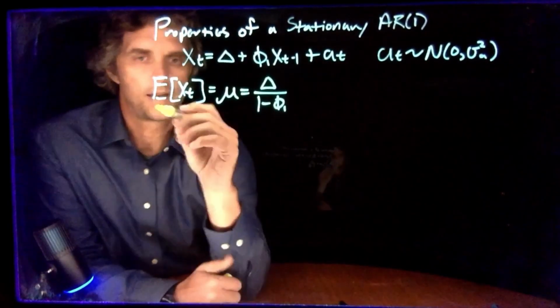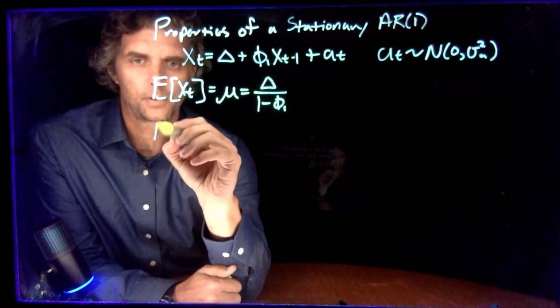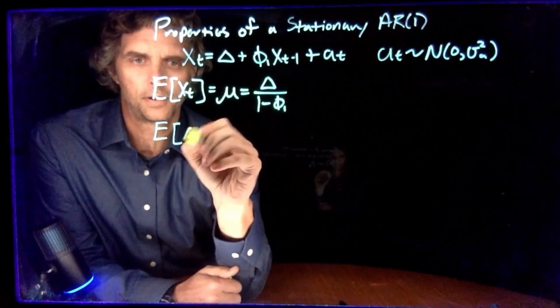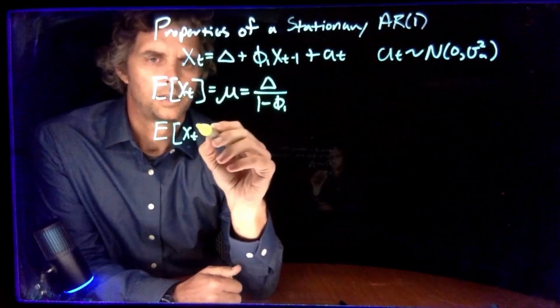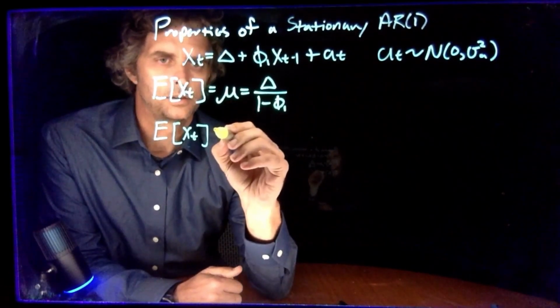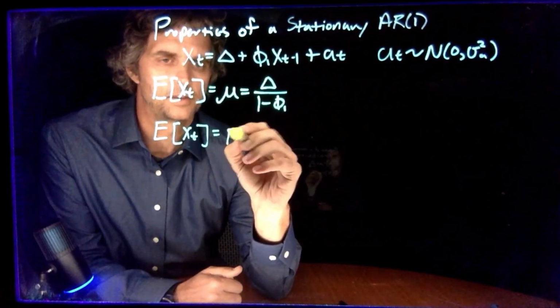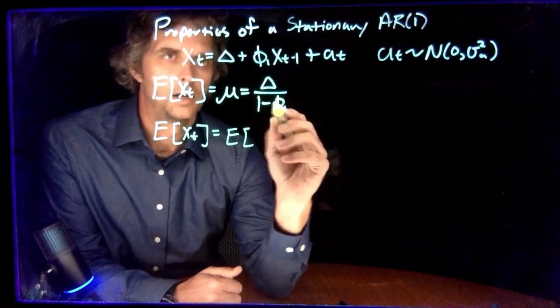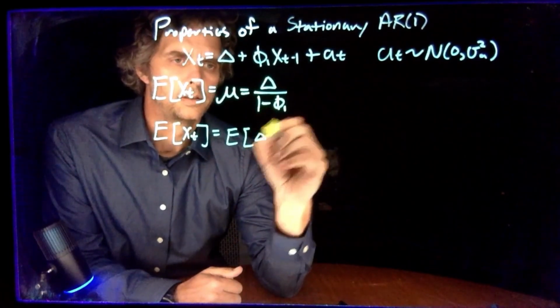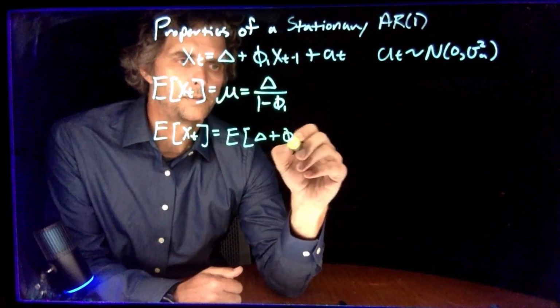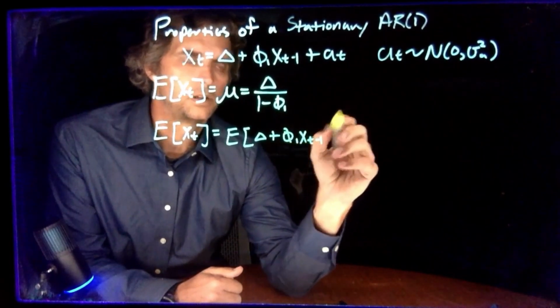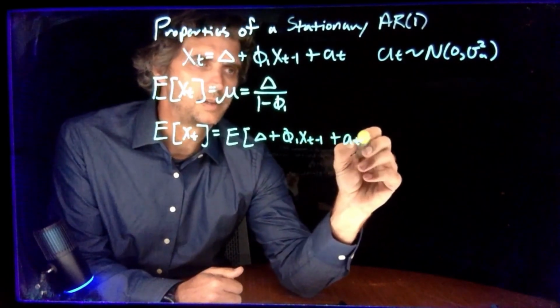So how are we going to do that? We've got the expected value of xt, which equals the expected value of delta plus phi1 xt minus 1 plus at.